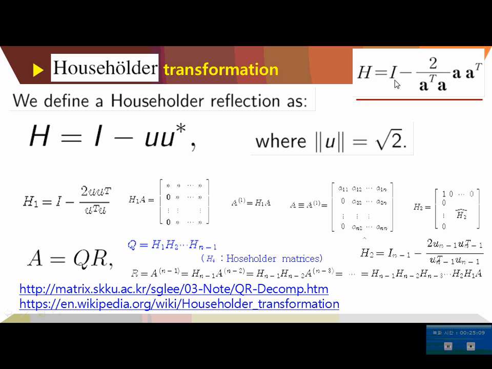First, let this be H1 for this matrix, and multiply H1 to A, which makes these entries 0. So A1 can be written as this. Let H2 be an n by n matrix of this form, where H2 hat is I minus an n minus 1 matrix like this.